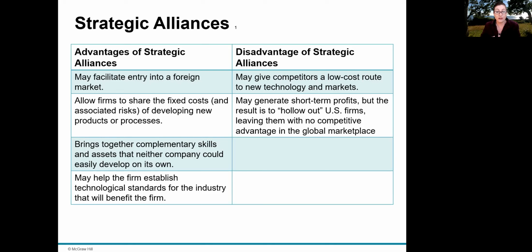So strategic alliances can help establish technological standards for the industry that will benefit the alliance. The disadvantages are that it may give competitors a low-cost route to new technology and markets, and it may generate short-term profits, but sort of less advantages in the longer term.